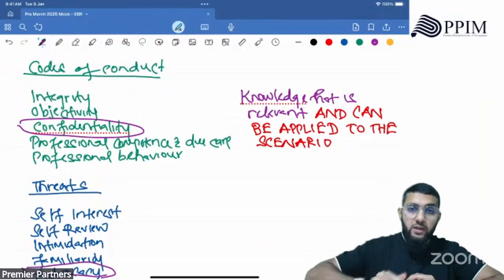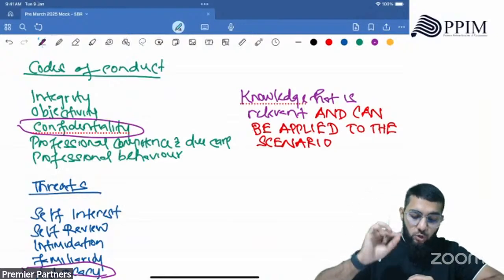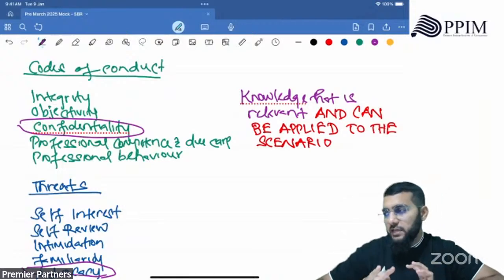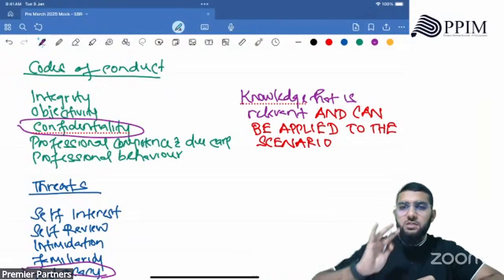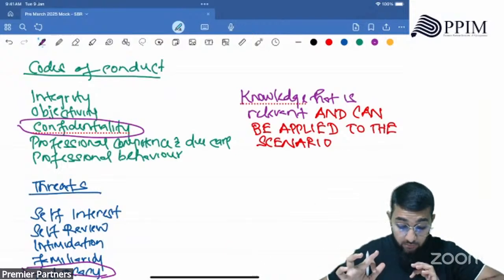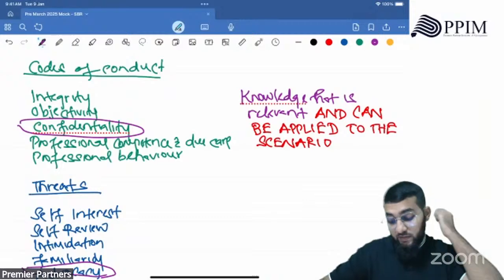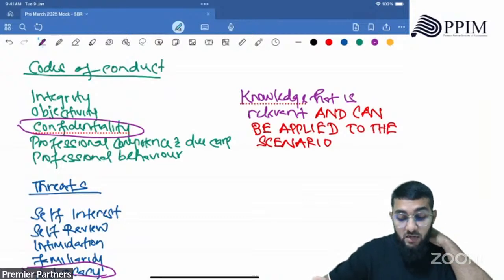You bring only the areas or the codes of conduct and threats that are relevant. Don't bring irrelevant items to the scenario just to spit your knowledge there. Don't do that. Okay, not going to get any scores. Rather, examiners would perceive you to be someone who is not very professional also, and you might end up not gaining any professional marks either.